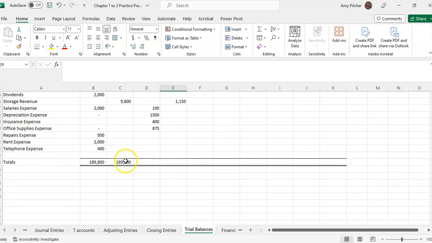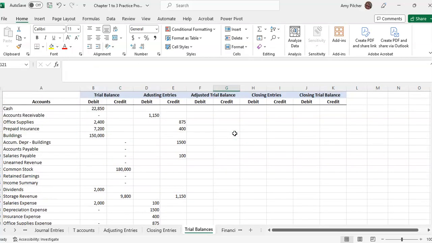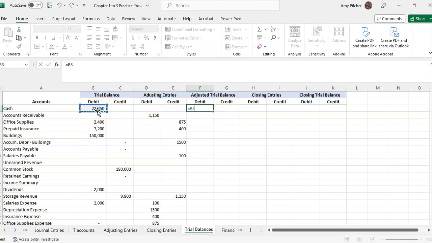Okay, so now we check our debits and credits. I'm just going to copy that formula over. They equal. Okay, so now what we can do to make our adjusted trial balance is just pull the information from over here. So debits plus we're going to add any changes to the debit and then subtract for the credit.